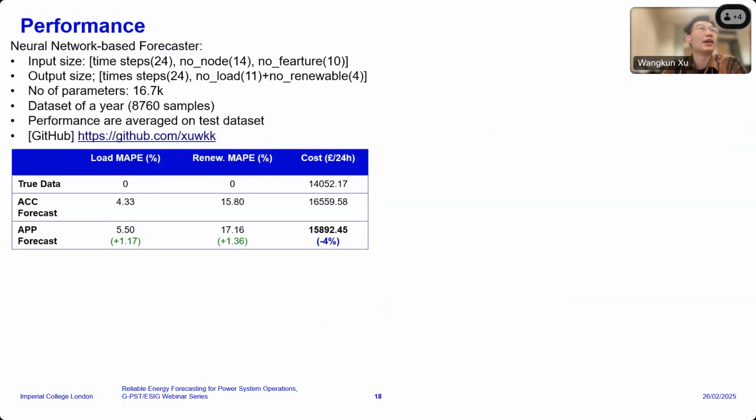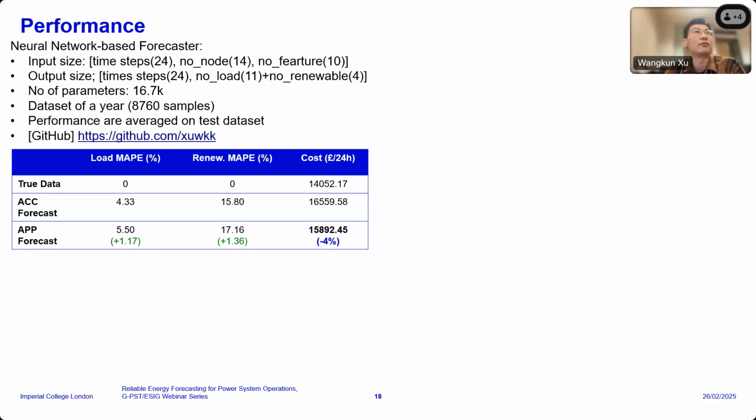Right, so before I go to the discussion about the performance of the algorithms, I would like to provide some details about the forecaster. Because we are using a neural network-based forecaster, we're considering a more complex problem, which is a multivariate time series energy forecast problem. The input of this task has 3 dimensions. The first dimension is time steps, which is a day ahead, 24-hour prediction.